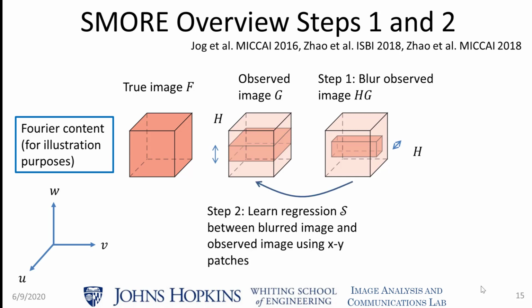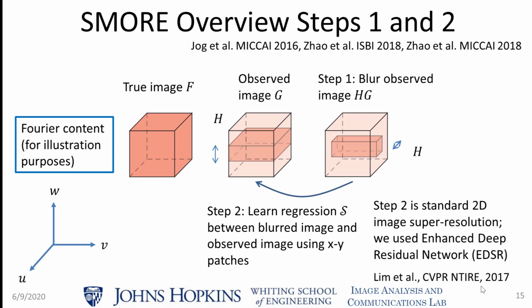And from that, we can then learn a regression that takes us from that doubly blurred image back to the original image. That regression we learn in 2D using XY image patches. And we can use a standard 2D image super resolution algorithm.